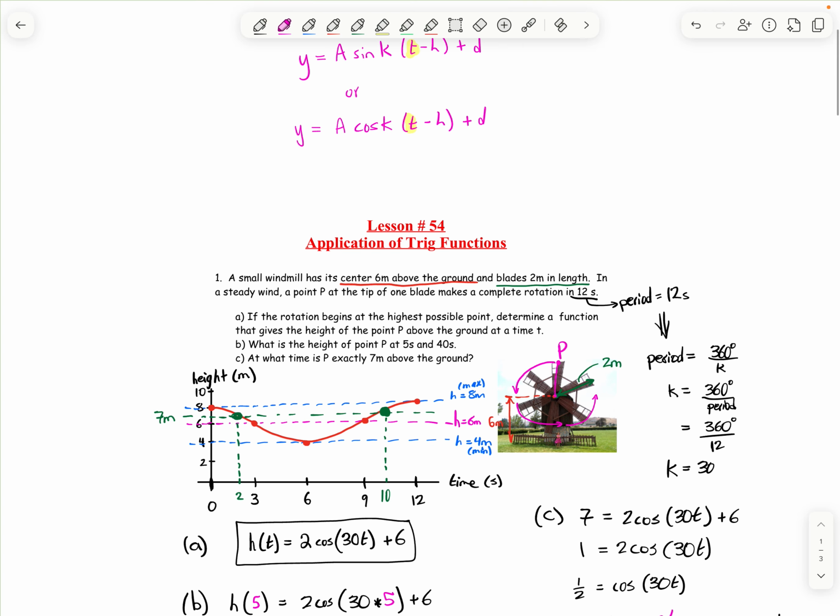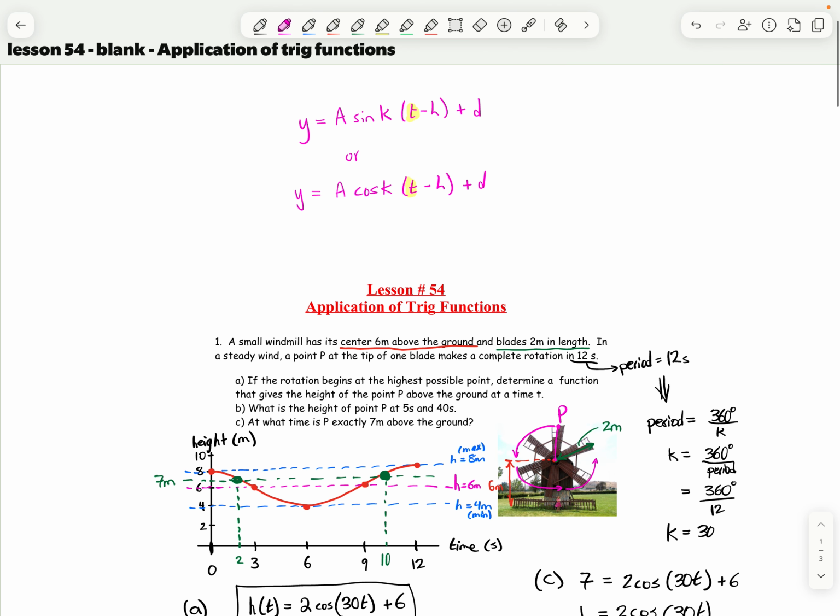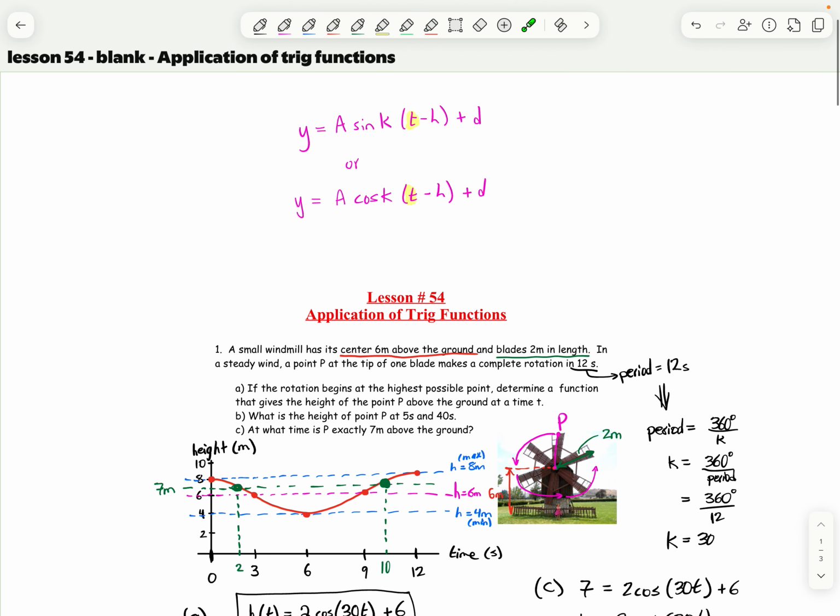Here's the strategy that we're going to use every time. We're going to figure out the middle value, the equation of the axis, which becomes d. We'll find the amplitude, which becomes a. For the period, we calculate k, and then we decide whether sine or cosine makes the most sense based on the starting position.